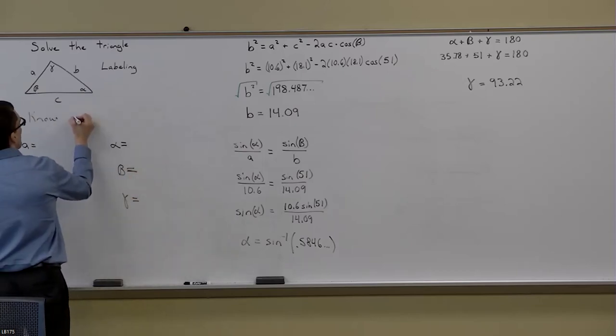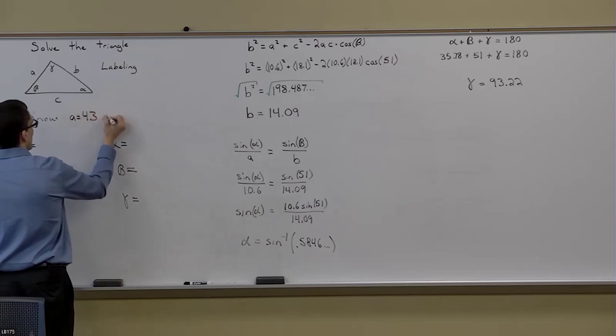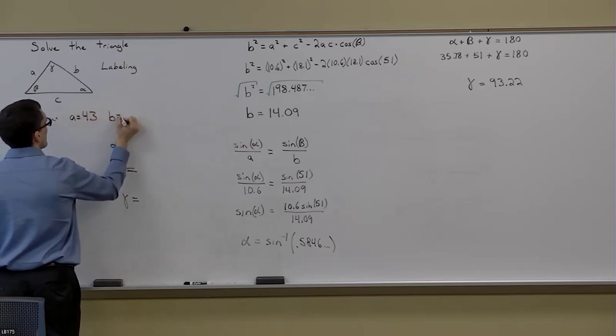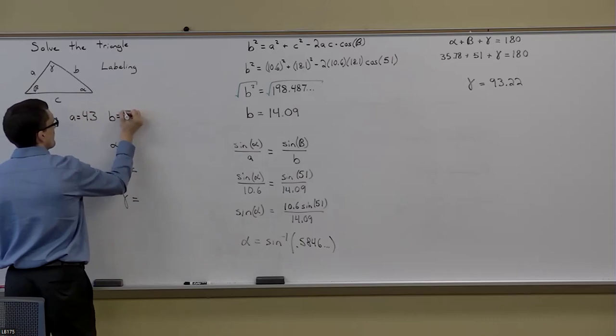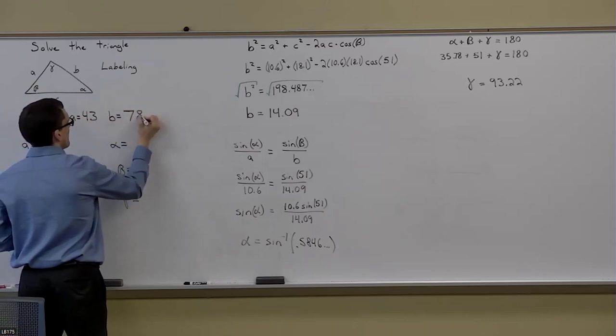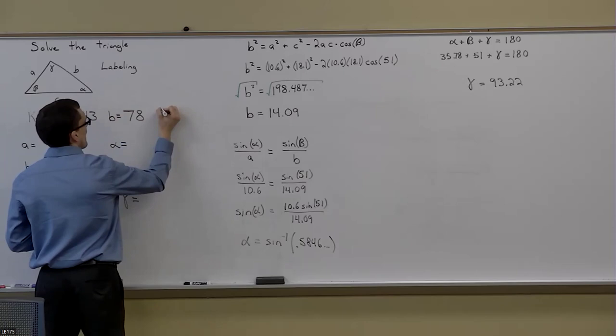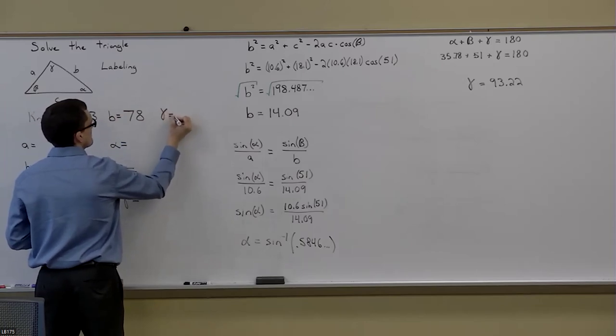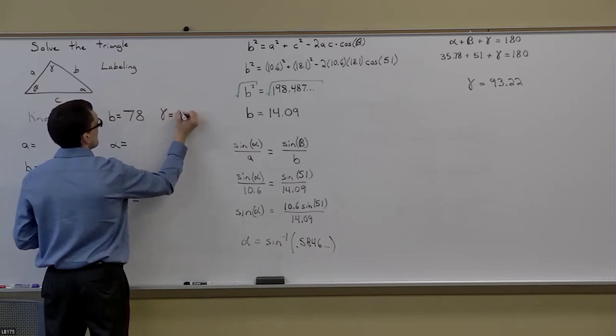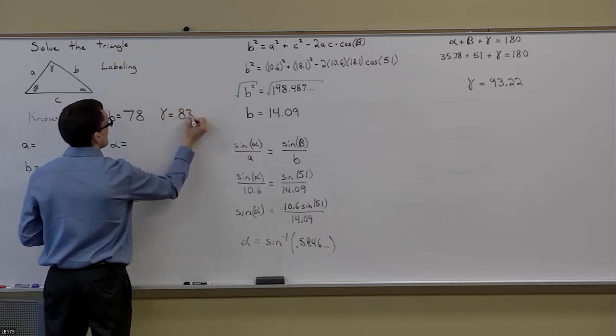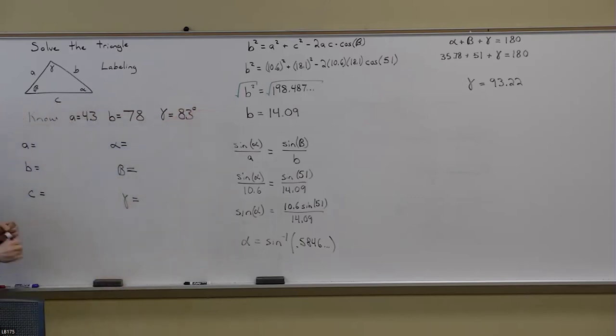So let's say I know that A is 43, B is 78, and that gamma is, I'm going to say, 83 degrees.